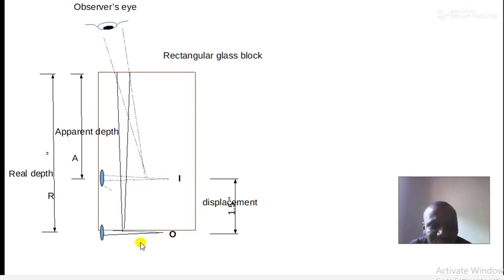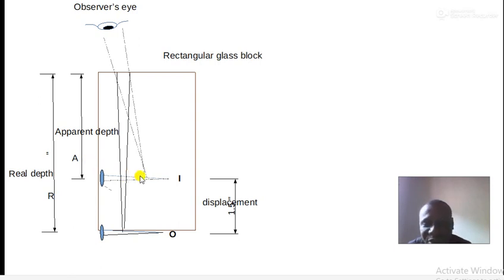Likewise, rays from other portions of the object will do so and form a complete image of that object at level I. Thus, an image of the object at O is formed at I. That is how refraction of light forms an image of an object placed in one medium and viewed in another medium. So I believe you understand this concept.